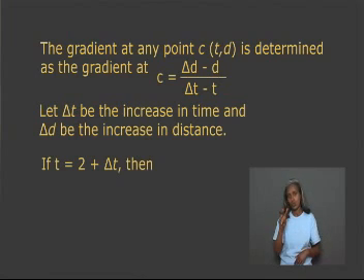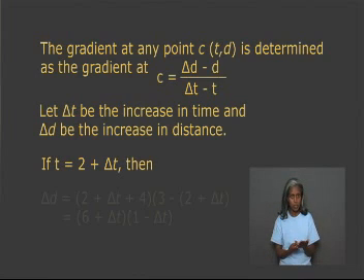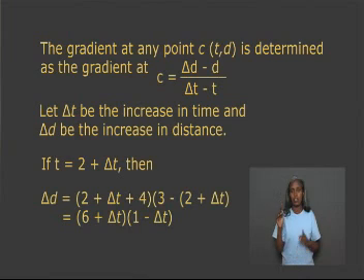If T equals 2 plus delta T, then delta D equals 2 plus delta T plus 4 times 3 minus 2 plus delta T. This simplifies to 6 plus delta T times 1 minus delta T.